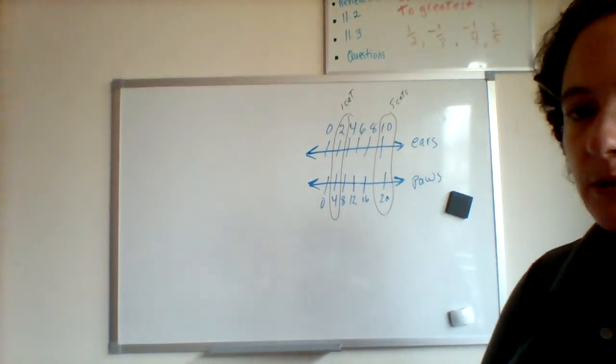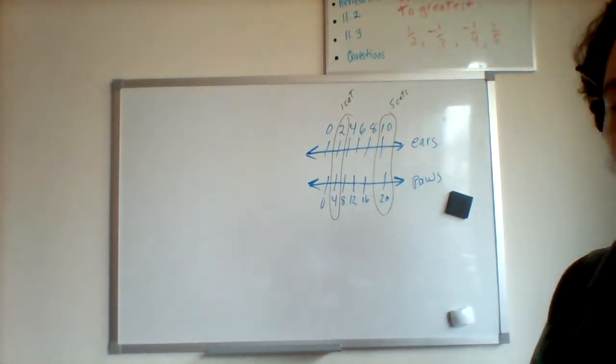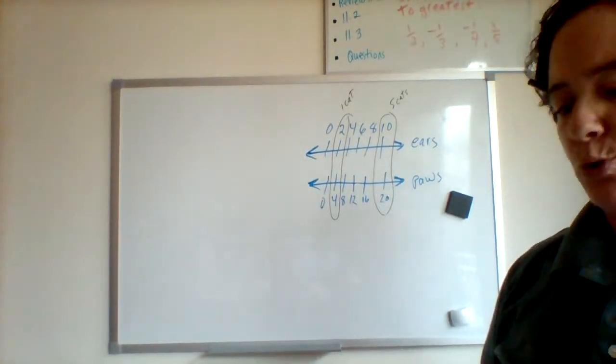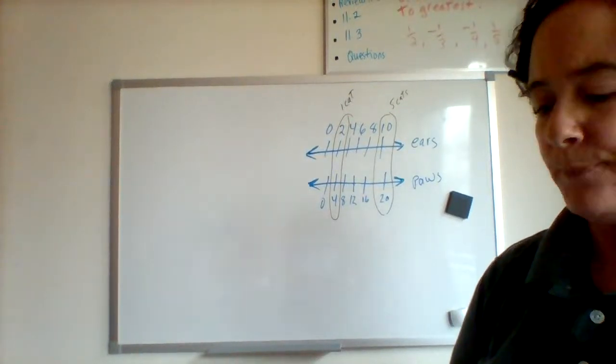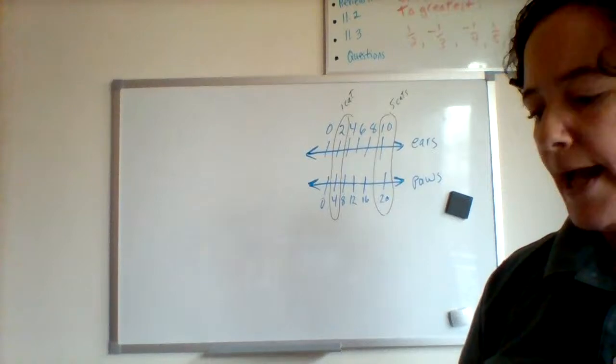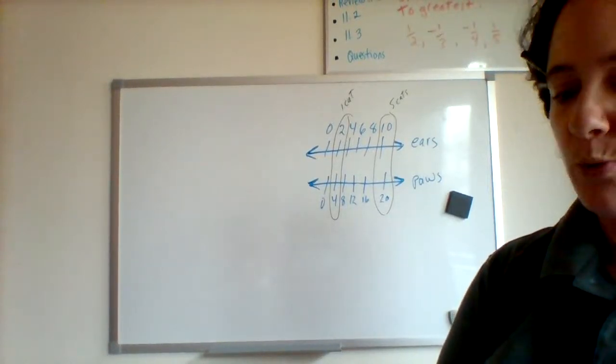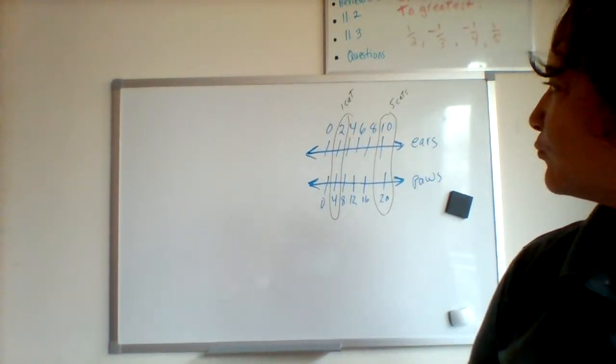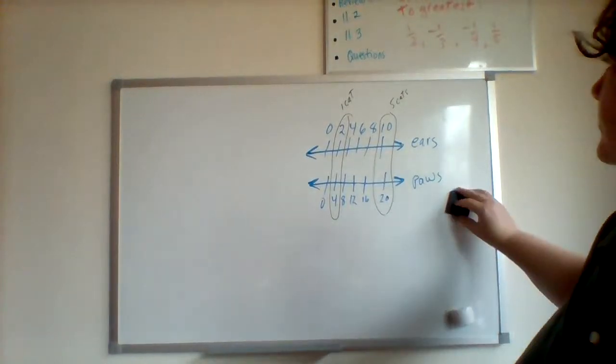Now for number 7, you can do a diagram or you can explain. And what I chose to do is to find the multiplier, because remember, we're looking at equivalent ratios. So what do we do? I guess I'll write this out.